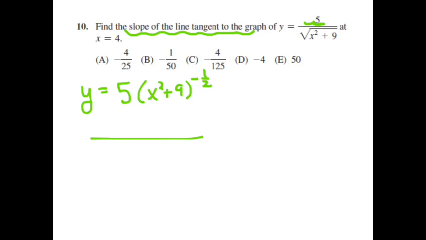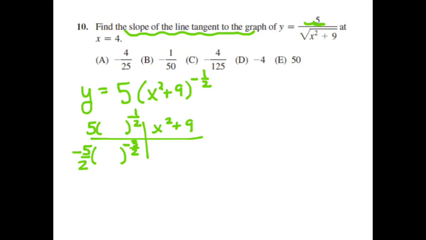That's two functions. So I'm going to set up my table: 5 times something to the negative 1/2, and then x squared plus 9. If I multiply negative 1/2 times 5, I've got negative 5/2 times something, and the negative 1/2 minus 1 would be negative 3/2.